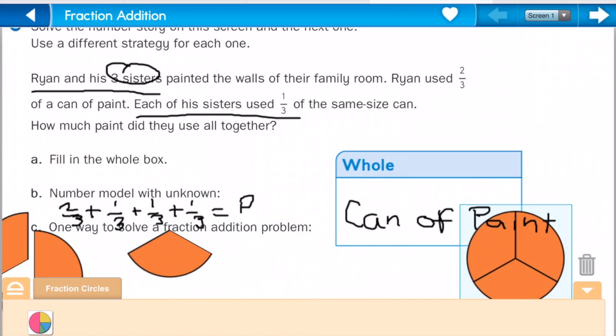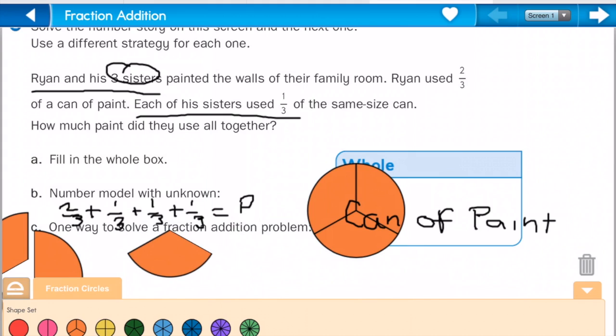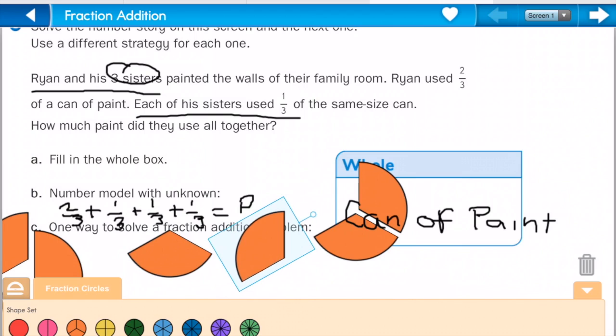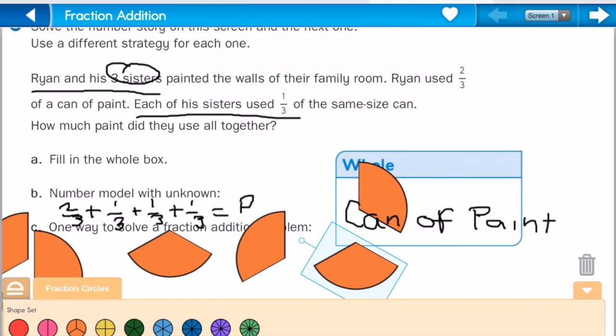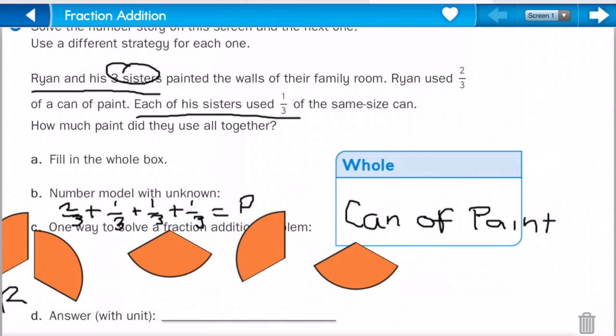Let's break this one up. Oh no, I deleted it. Whoops. Bring it up here. It will break it. Here's another sister, and here's another sister. And then so we don't need that, so I'm just going to drag it to the trash can. Alright, now let's go ahead and label these.